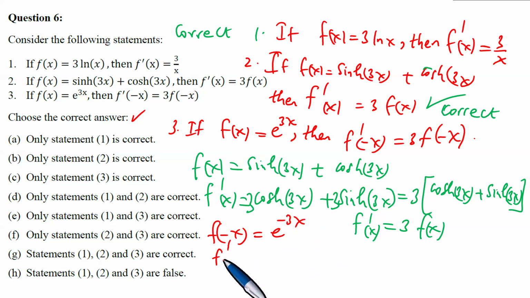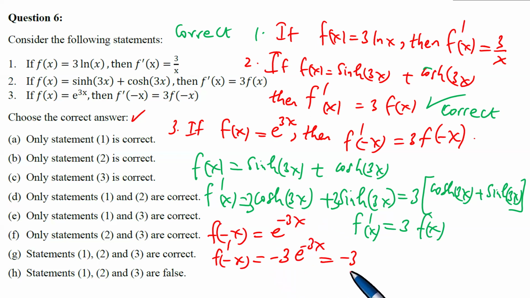F prime of minus x is minus 3e to the power minus 3x. Because if f of x is this one, the derivative is e remains e, and you multiply by the derivative of minus 3x, which is minus 3.